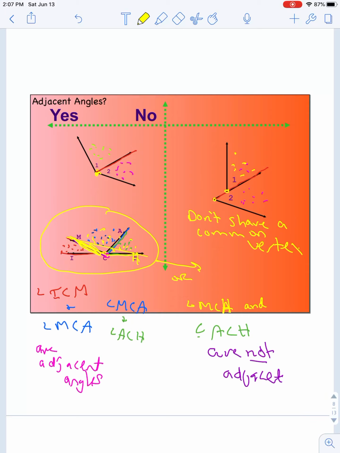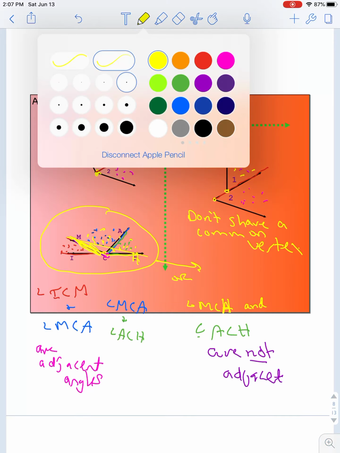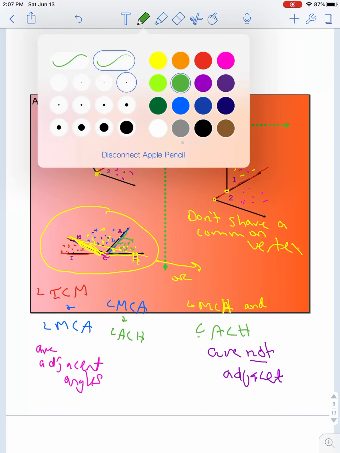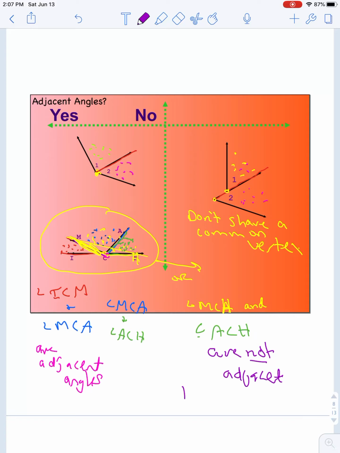And you can see that some of the yellow interior points were the same as our ACH. So the reason they're not adjacent is because they have interior points in common. So these can get kind of tricky.